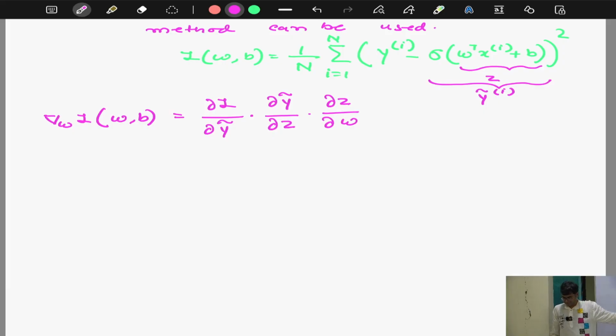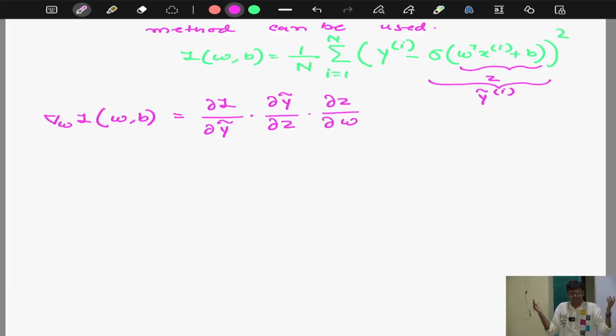Now, the first one, del L by del y tilde, is that an issue to compute? It is squared, right? 2 times that thing will come, with a negative sign. The second one, del y tilde by del z. Is that an issue? It is. Y tilde is equal to sigma of z, that threshold function. So the second term is the issue. Third term, is that an issue? No, it's a linear regression term.